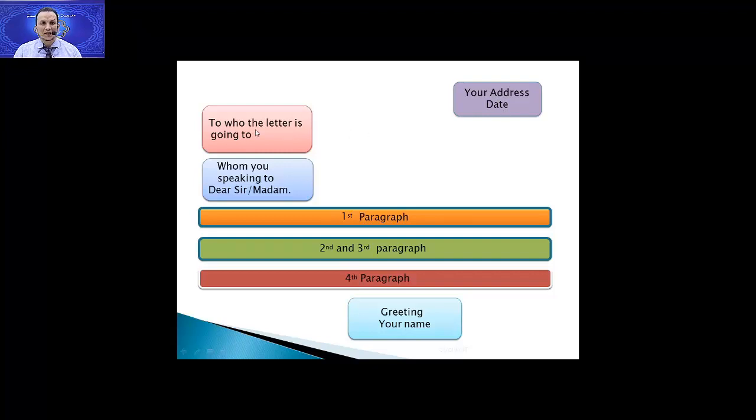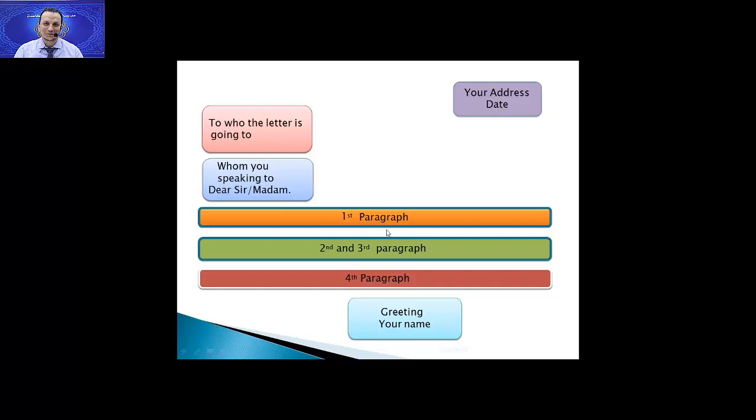Then on the left, also at the top, we write to whom the letter is going, whom you are speaking to. "Dear Sir, Madam," of course with a comma, not a dot. Or "Dear Mr." and the name, or "Dear Editor," "Dear Manager," "Dear Principal," like that.